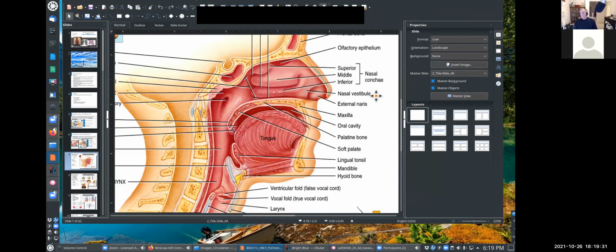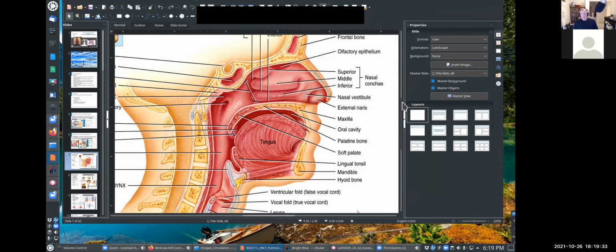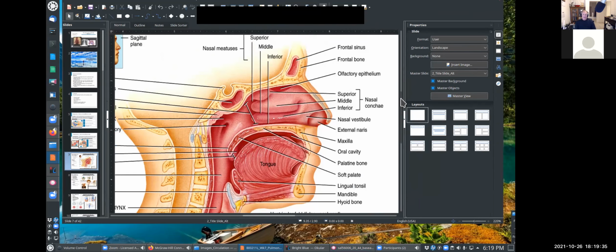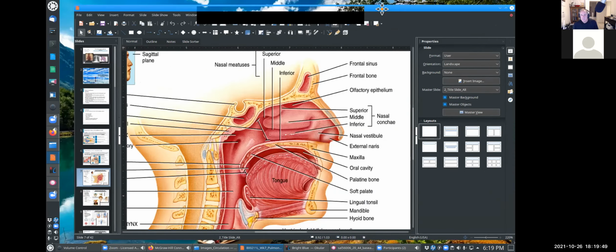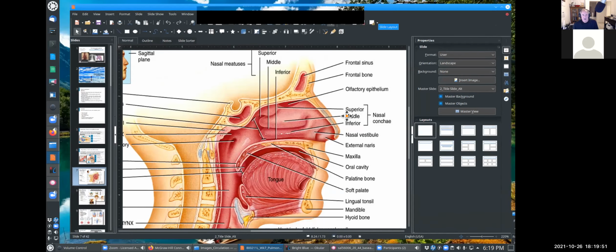Okay, so we went through all the sinuses. What we could see in the lab the other night that you couldn't see before was that one cadaver with his head split open. You can actually see all of the sinuses.